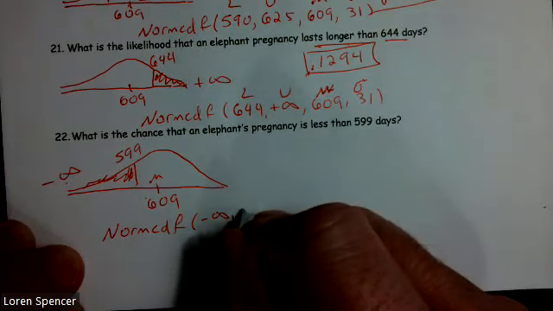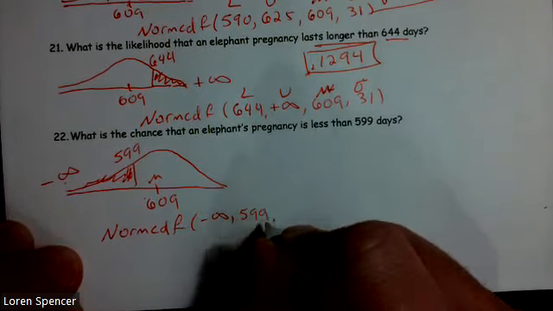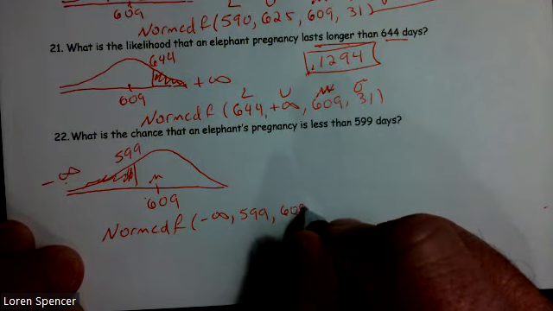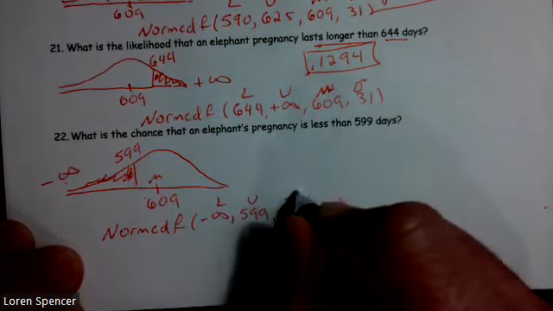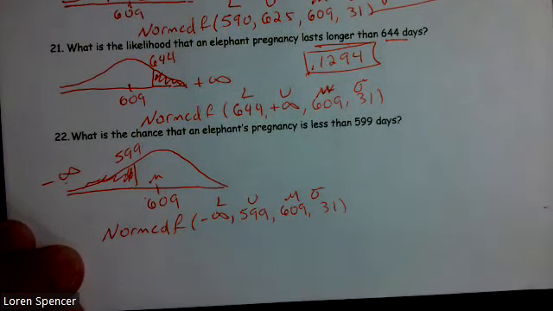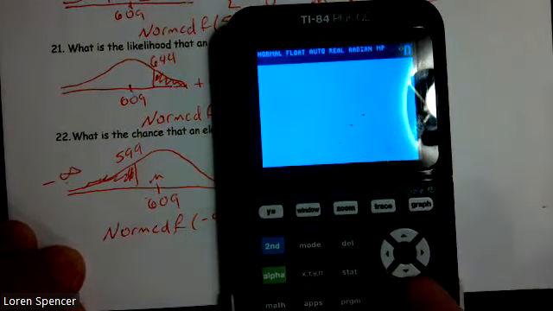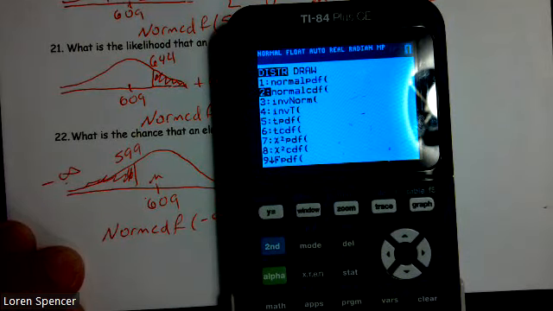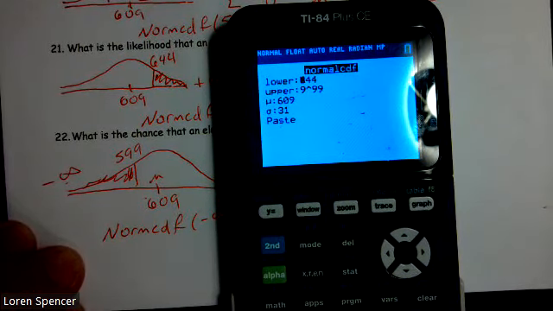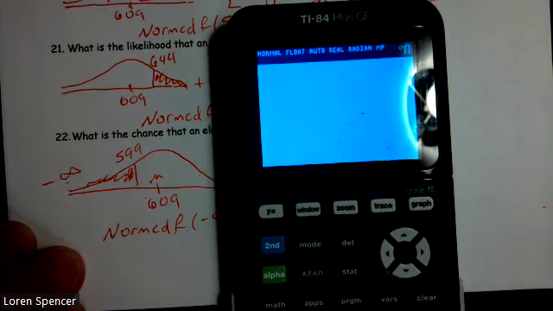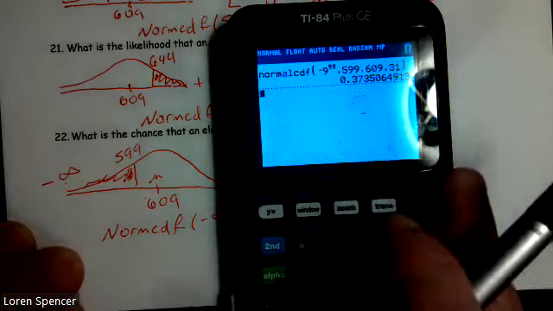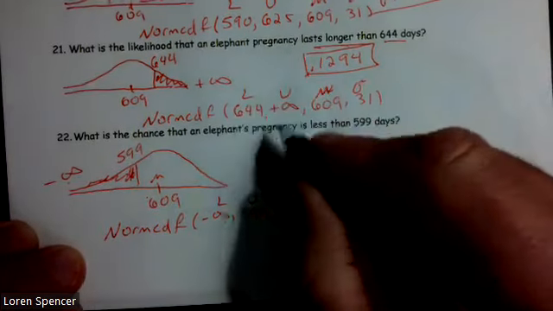Upper bound, 599. Mean of 609. Standard deviation of 31. Lower, upper, mean, standard deviation. I have my labels. We can go to the calculator now. Second vars, norm CDF. Lower, negative 9.99. Upper, 599. Mean of 609, standard deviation of 31. And we find out that that's about 37%. So 0.3735.